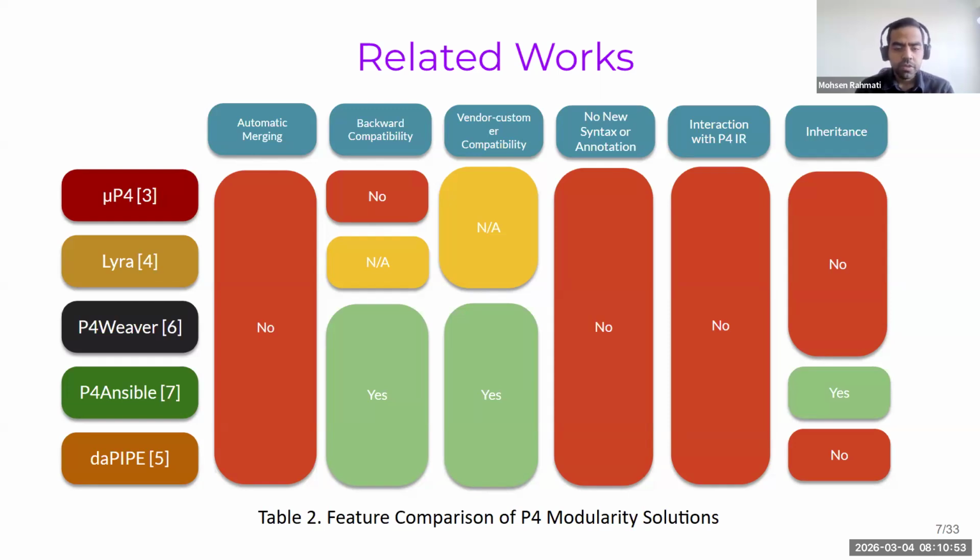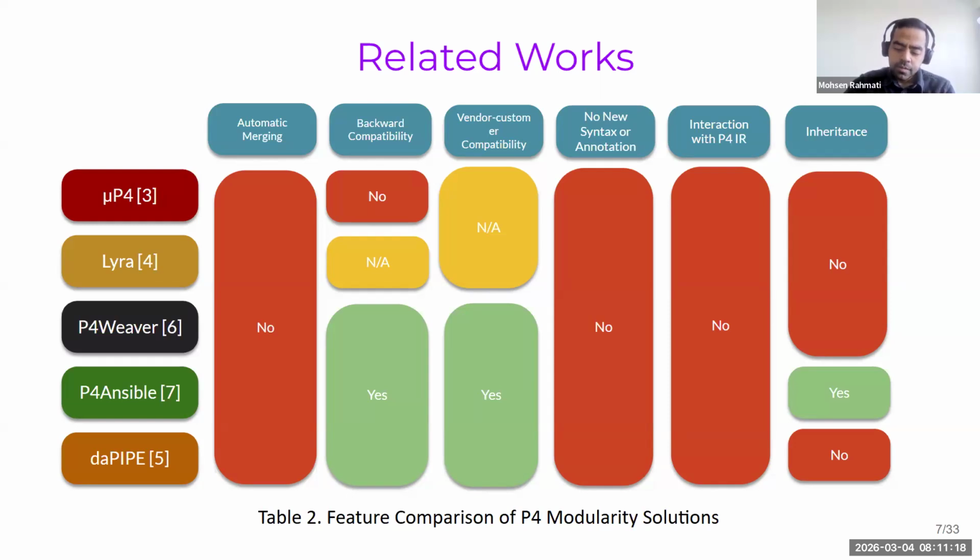The second feature is backward compatibility. For example, Mako P4 could not reuse previous, existing P4 code. Lira does not mention it, and the others can do it. There is also vendor-customer compatibility, which Mako P4 and Lira do not mention.